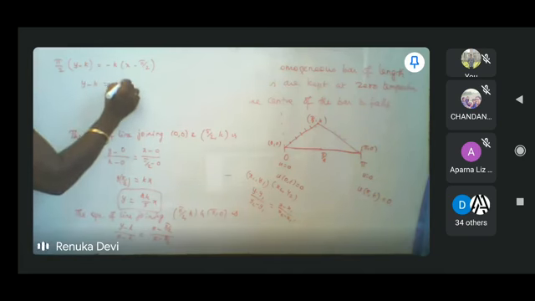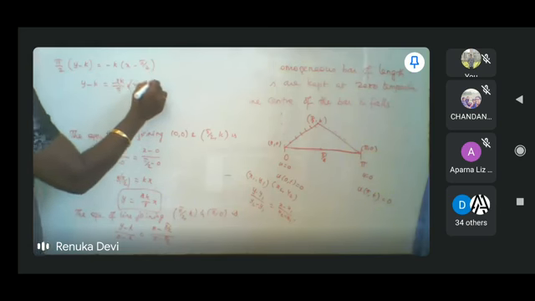So y minus k equal to minus 2k by pi into x minus pi by 2.